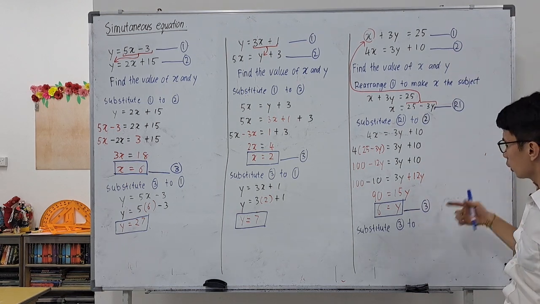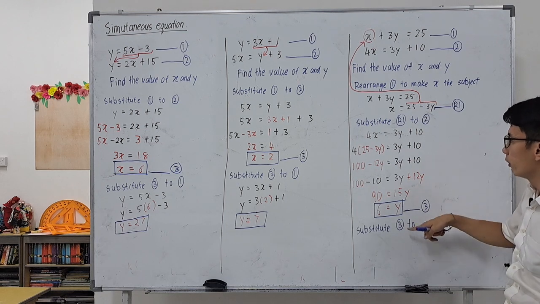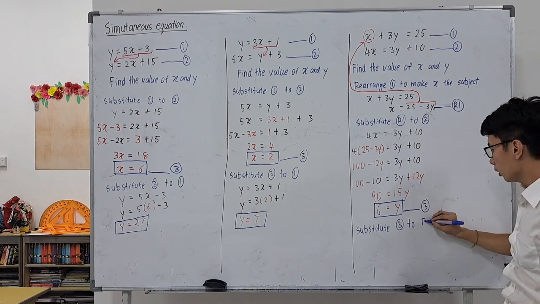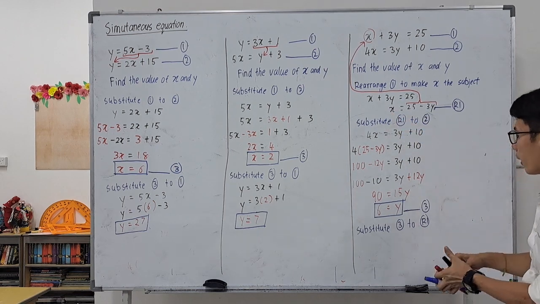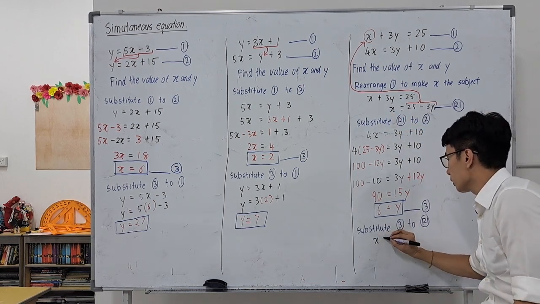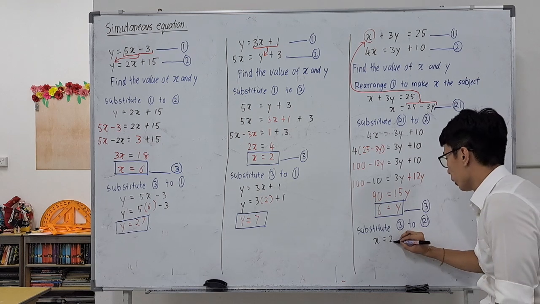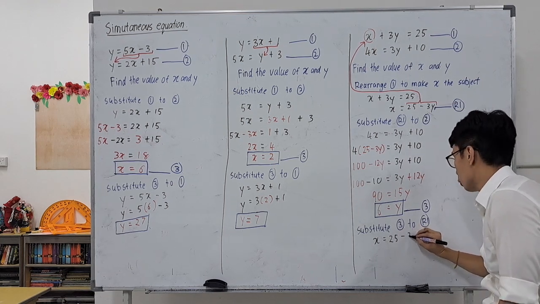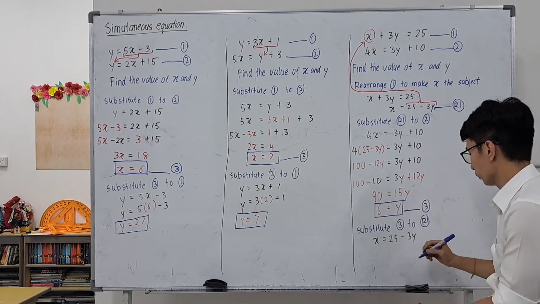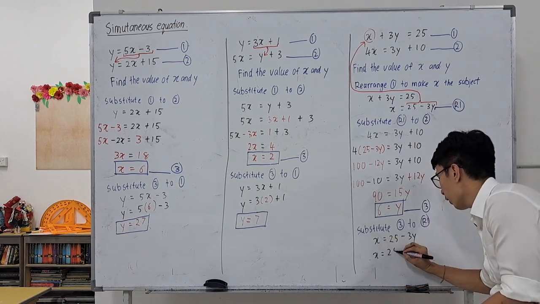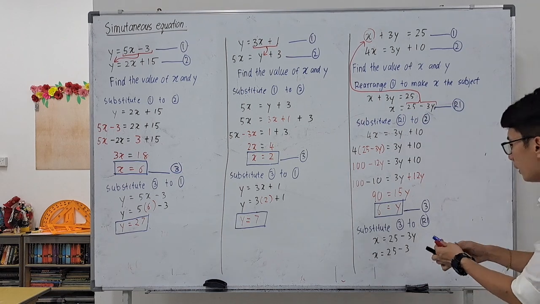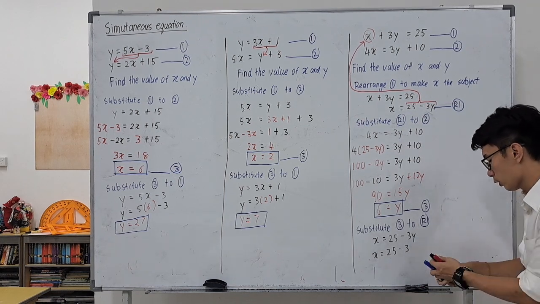Okay, so for quick example sake, since I want to find the value of x, I'm going to put to R1 instead, because that looks much more simpler because there's x over here. So my R1, that's going to be x is equals to 25 minus 3y. I know that my y right now, that's going to be 6.